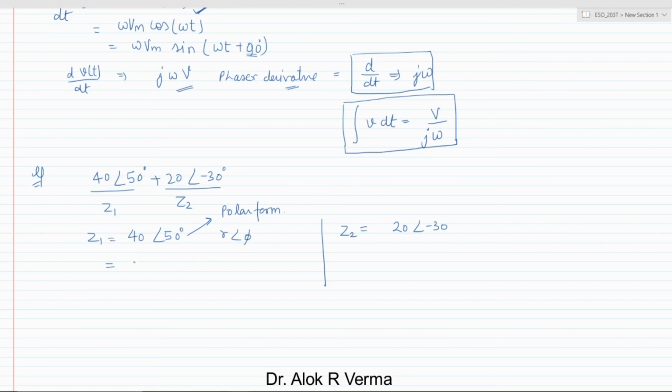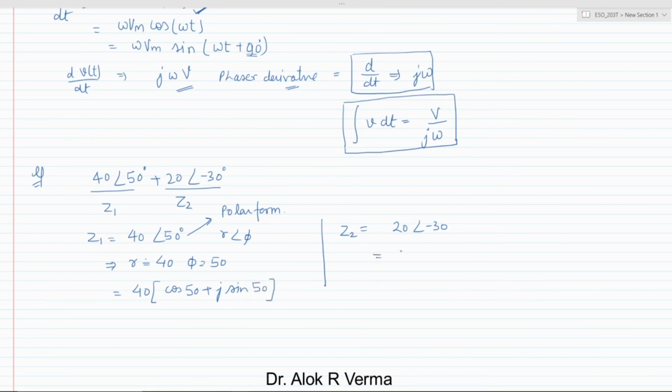So here R is 40 and phi is 50. This can be represented as 40 into cos of 50 plus j times sine of 50.